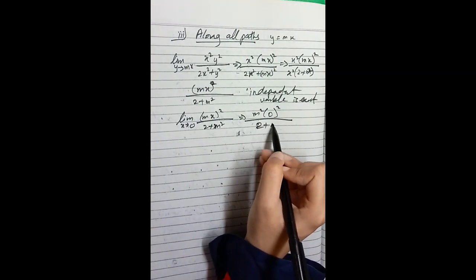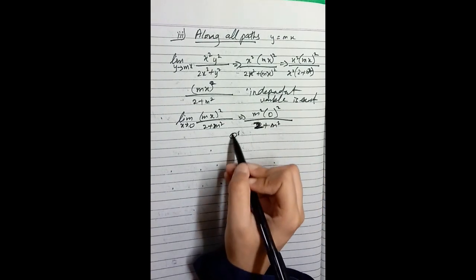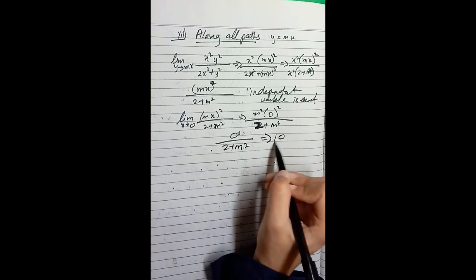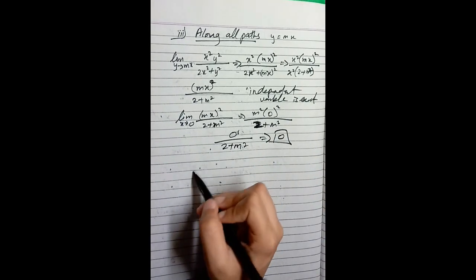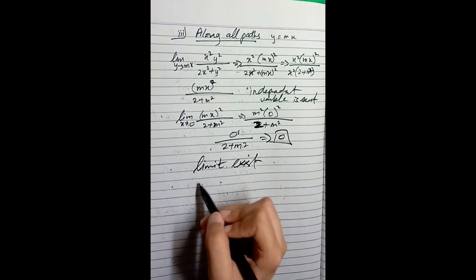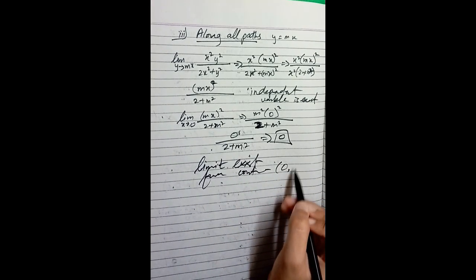It will be 0 by 2 plus m square, and 0 over something is 0. So here we will say that our limit exists and hence our function is continuous at 0, 0.